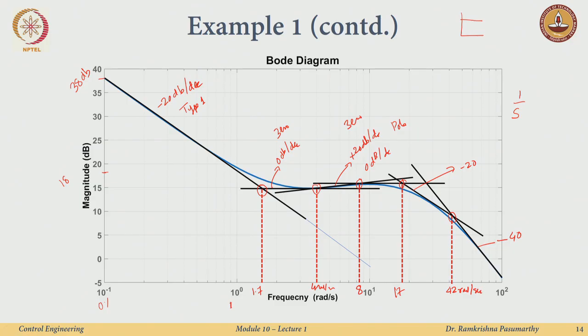Okay. Now the next thing to find out is what is the gain K. The way we find out the gain is, it is the value at which the initial slope intersects the 0 dB line.